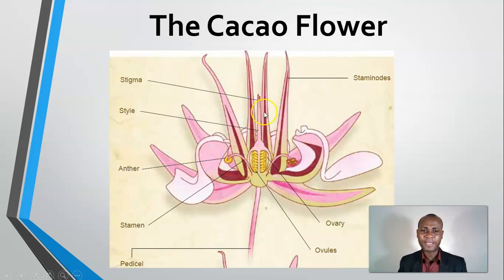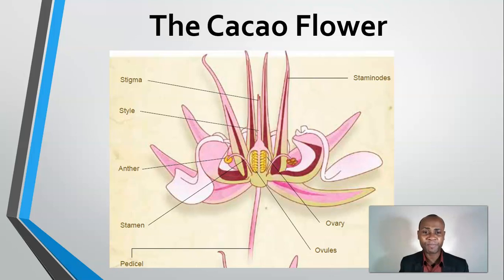But the problem in cacao is that the female part, which is the style, and the tip here, which is the stigma, is higher than the male part. So naturally, self-pollination does not take place.